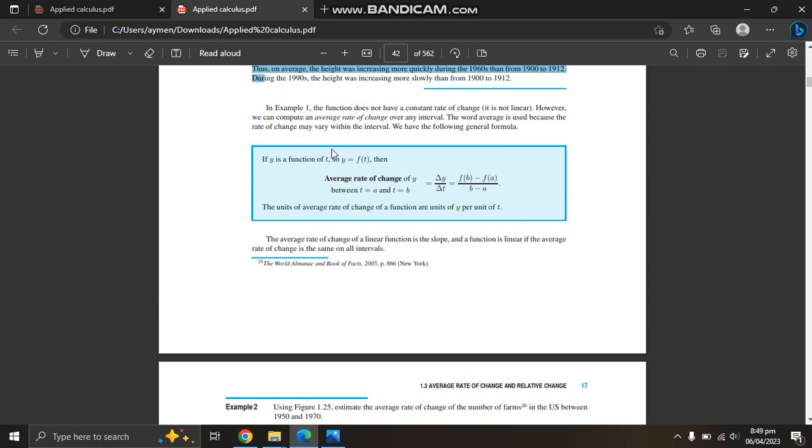For example, the function does not have a constant rate of change. However, we can compute the average rate of change over an interval. The word average is used because the rate of change may vary within the interval. We have the general formula: if y is a function of t, so that y equals f(t), then the average rate of change is the change in y between t equals a and t equals b.